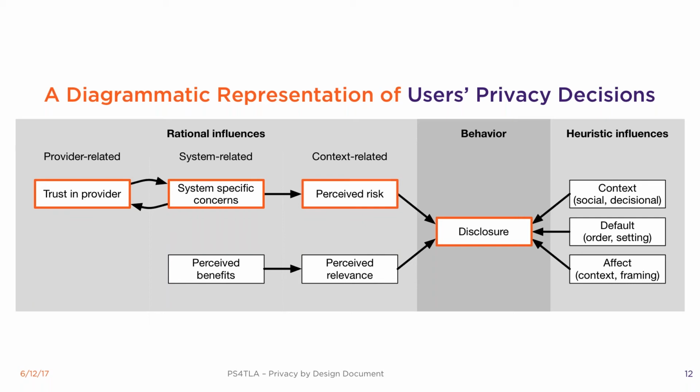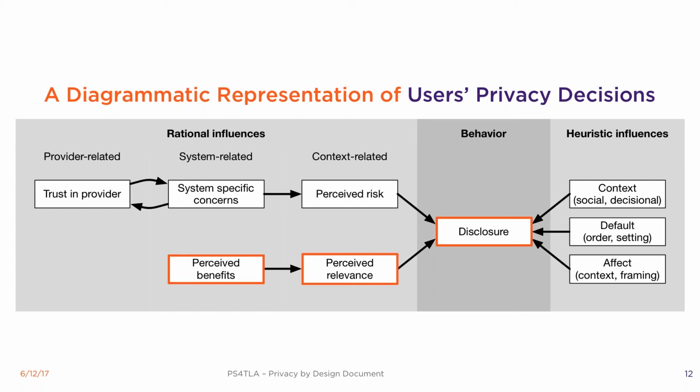Looking at perceived relevance, on the other hand, this is also an important aspect, and it can be improved by highlighting the potential benefits of disclosing information. So it's important that you talk about why you are collecting certain information, and that will help people overcome the risks because they perceive a reasonable amount of relevance.